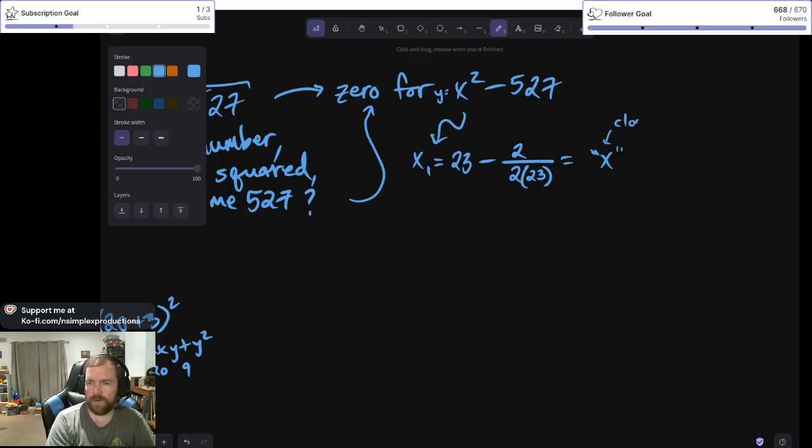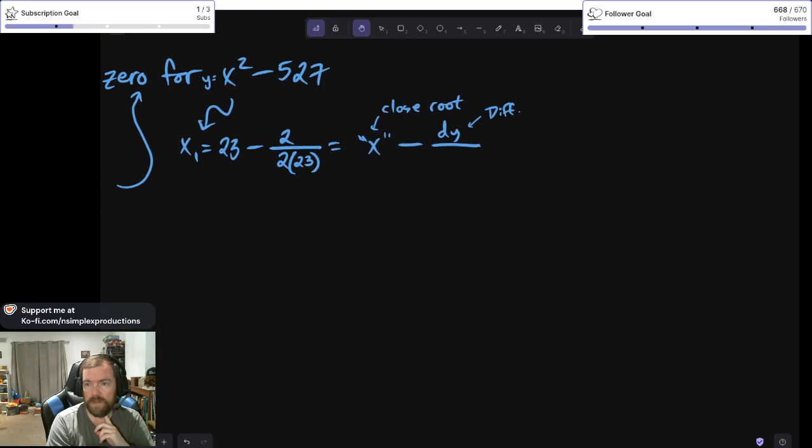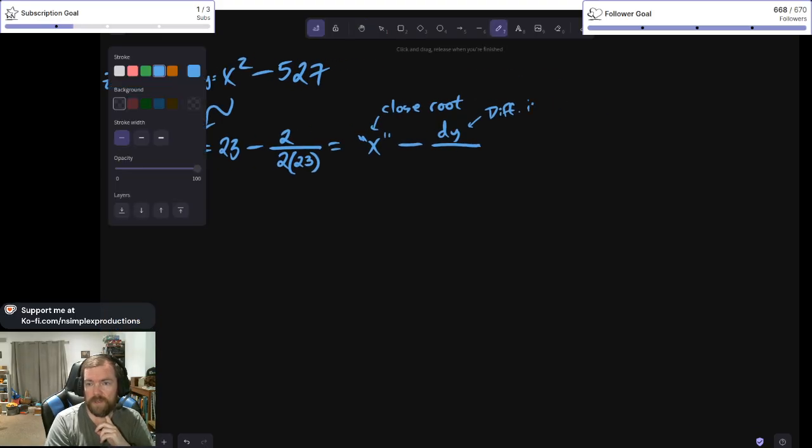So this is your close root, minus your delta y, which is your difference in square numbers, over twice your close root, 2 times whatever x value you're currently at.